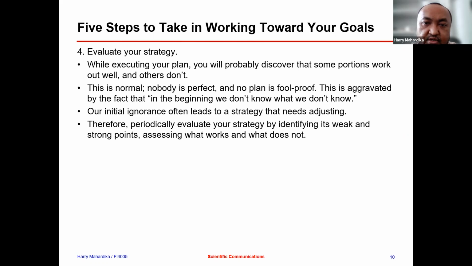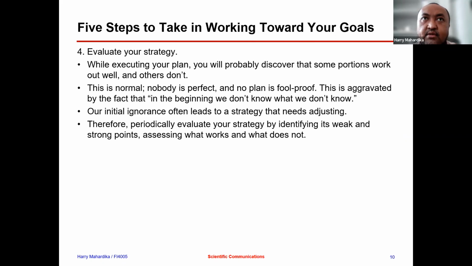So while executing your plan, you will probably discover that some portions work out well and others don't, which is normal. This is part of normal human activity, because nobody is perfect and no plan is foolproof. This is aggravated by the fact that in the beginning, we don't know what we don't know.